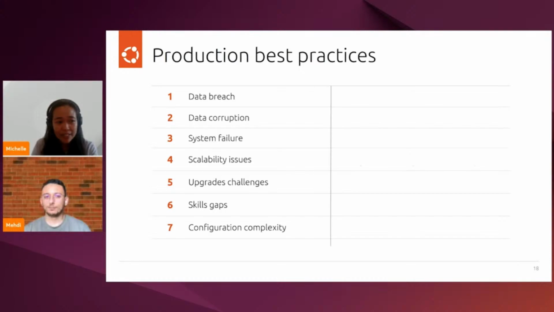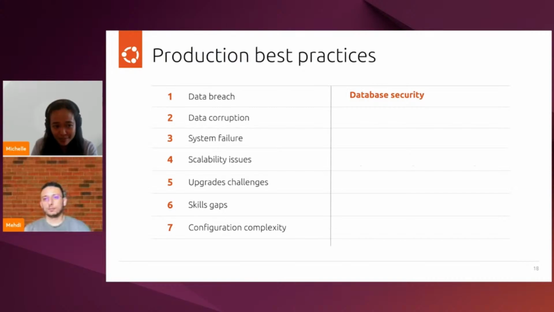And with these challenges, there has to be a specific best practice, such as for data breach, you have to do database security. And I think, Mehdi, you have shared that Charmed OpenSearch, for example, has some sort of TLS implementation as a first-class citizen, which I think is very good, because you want to make sure that everything is secure in terms of the network and when data is moving.